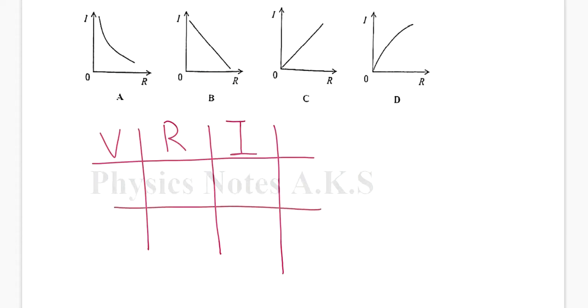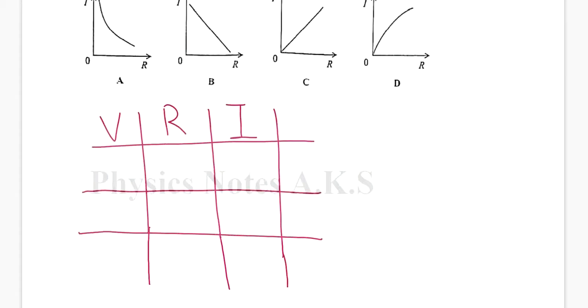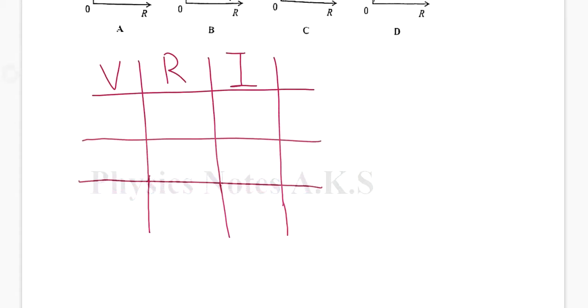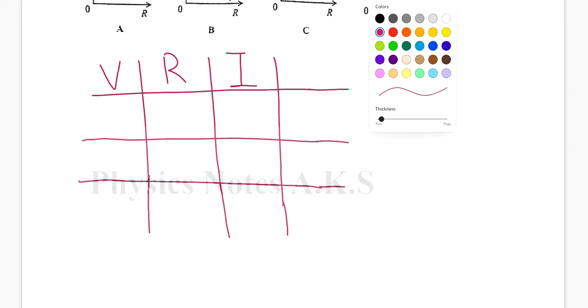Always the temperature is constant. So when we make one of these variables constant and we study the relation between the other two, we will find. Please pay attention to this. Okay? Here, I'll change the color.